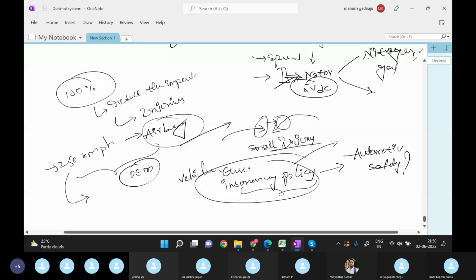This is not for the OEM. To develop the software itself, insurance companies support the OEMs or Tier 1 companies. If they develop good software, there will be fewer insurance claims. That's why insurance companies have a policy of investing at least 10 to 20% of their money into automotive research and development.